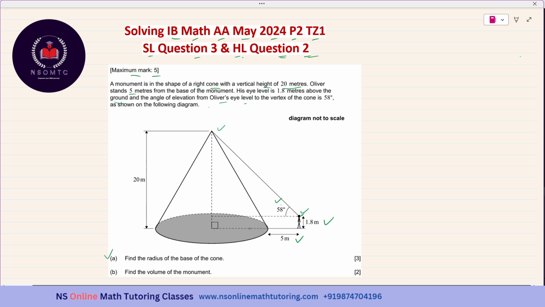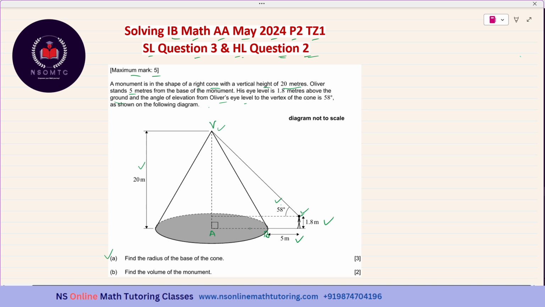So part A's question is, this is the vertical height, 20 meters. Find the radius of the base of the cone. If I name this V, this is A, this is B, then AB will be the radius of the cone, and I need to get it. So what should I be doing?